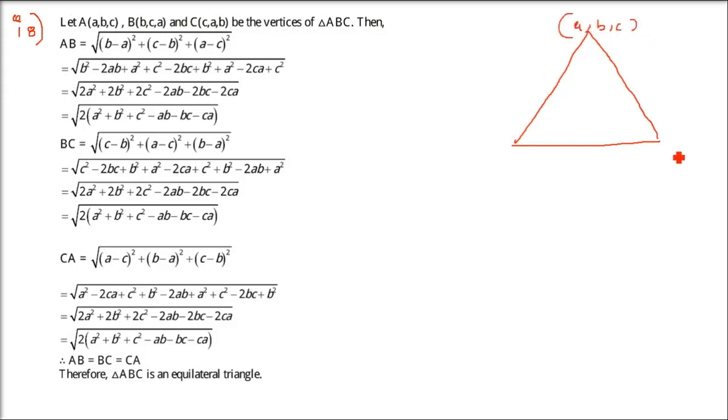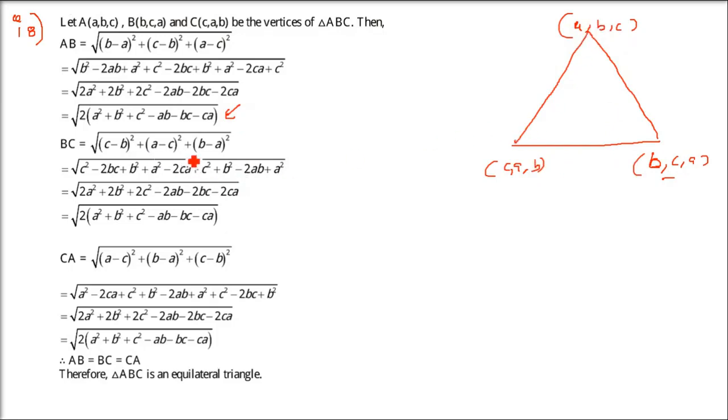So you have (a, b, c), (b, c, a) and (c, a, b). These are the vertices of an equilateral triangle. You just have to find out the distances, that is the edge length, the triangle side length. You know the distance formula? You know how to do this? So you have this one, (b minus a) whole square, (c minus b) whole square, (a minus c) whole square, add them, take the square root.